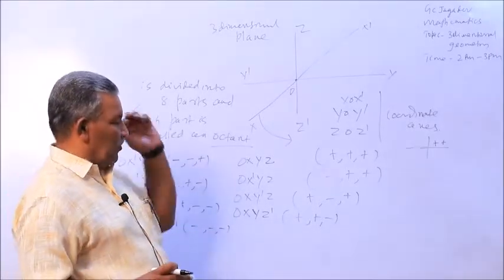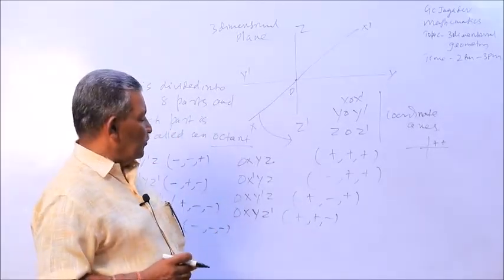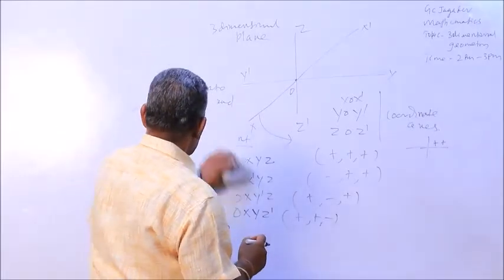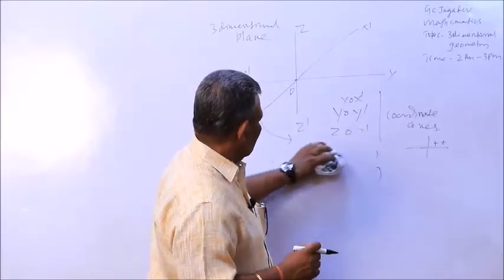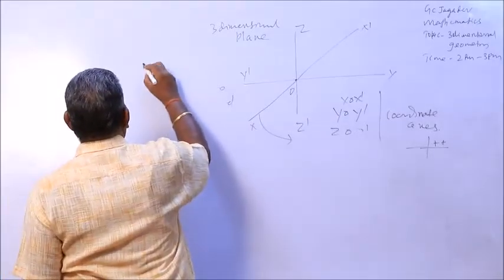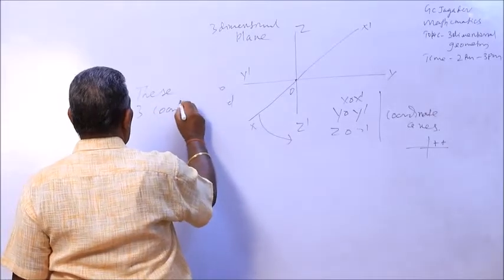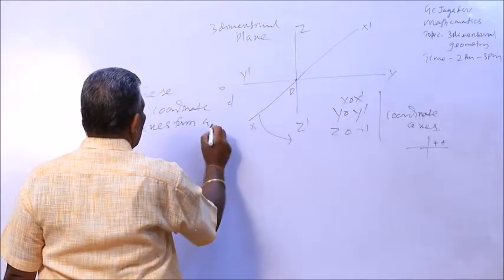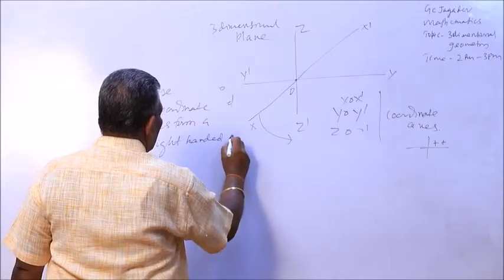So the technique is, whenever you find a dash on an axis, you put a negative sign for that coordinate. These three coordinate axes form a right-handed system.